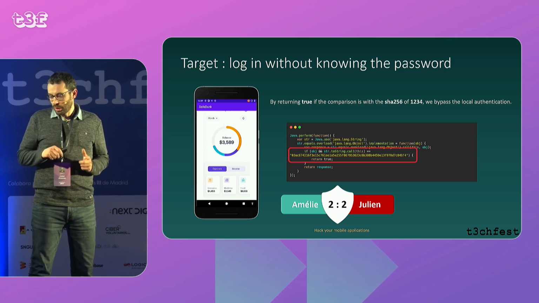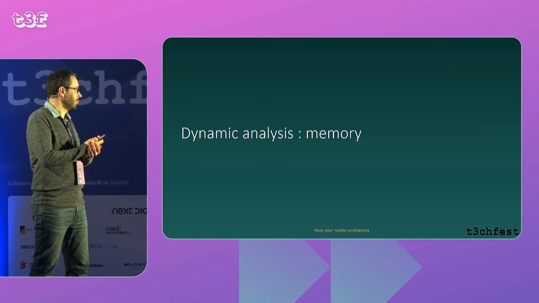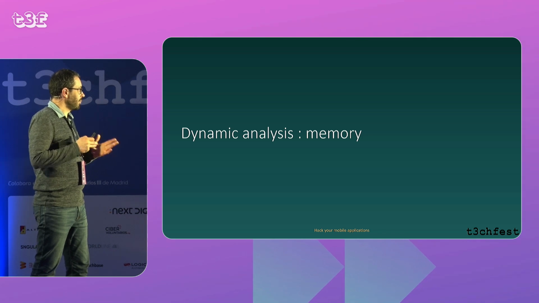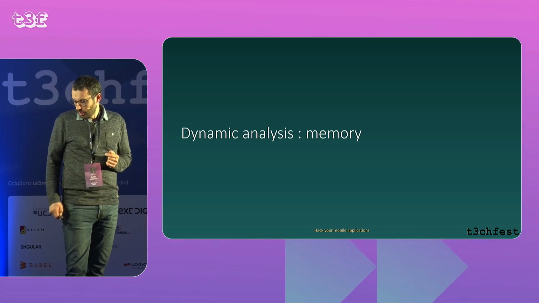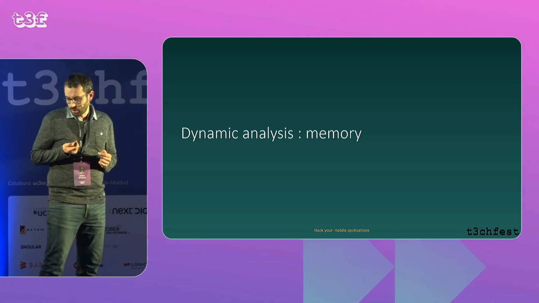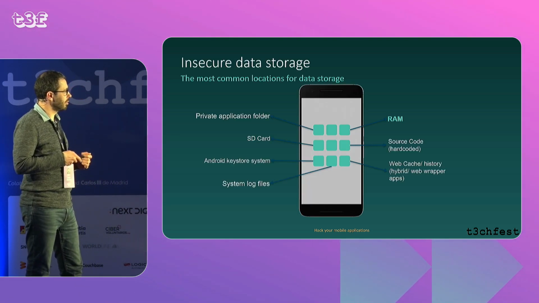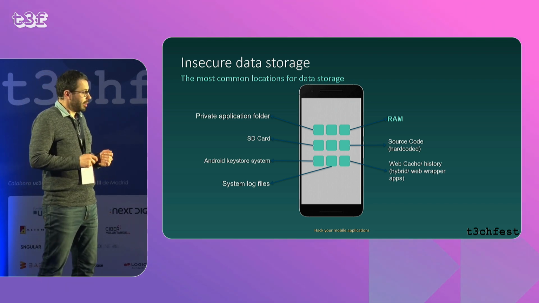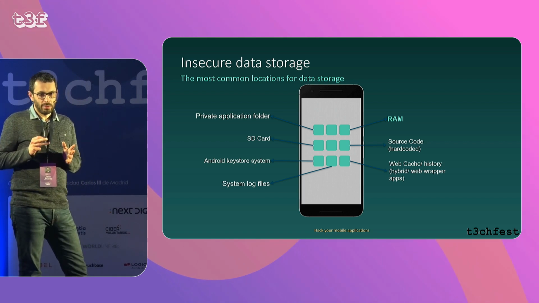Just to have another example of what can be done with dynamic analysis and the memory. Here, we will see how it works in the temporary storage. Remember, at the beginning, we modified the application.